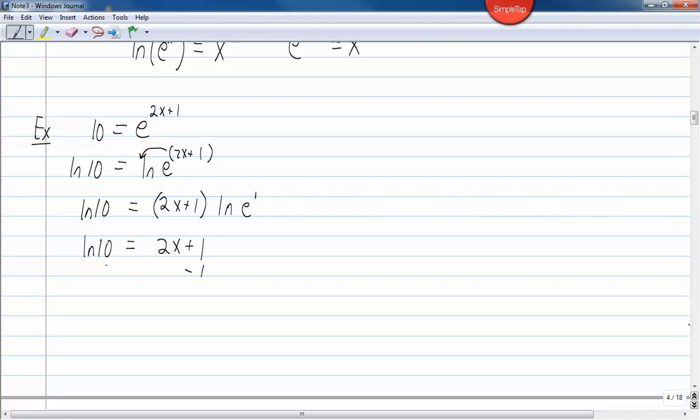So subtract 1 from both sides. That's not going to give me the natural log of 9. Don't even try that. It's natural log of 10 minus 1 equals 2x. So x equals natural log of 10 minus 1 all divided by 2. And you could get a decimal for that. I'm not sure exactly what it would be, but you can get a decimal by just working out the numerator and then dividing by 2.